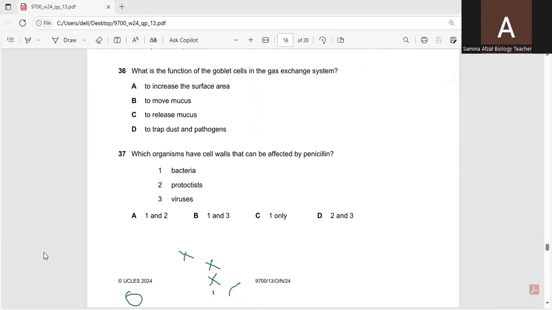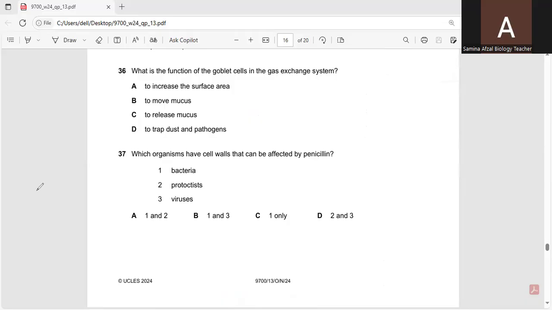Next question is, what is the function of the goblet cells in the gas exchange system? So goblet cells have a distinct function.